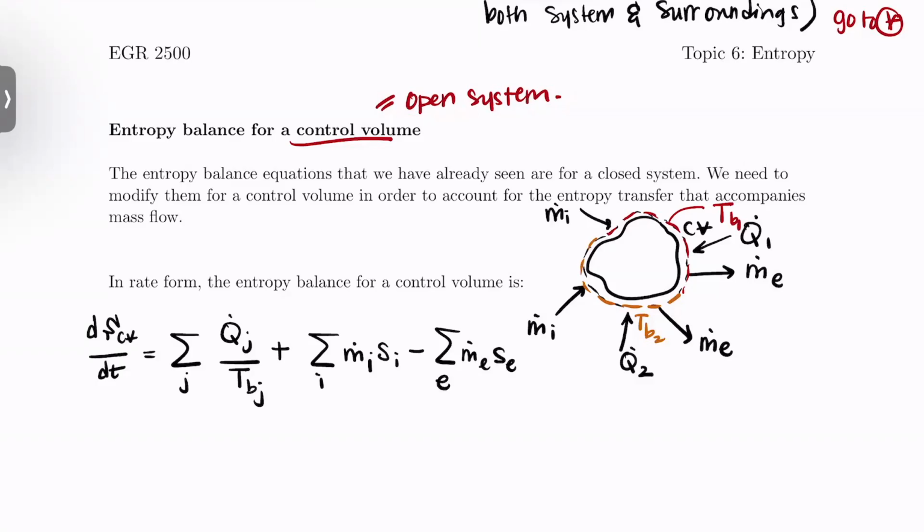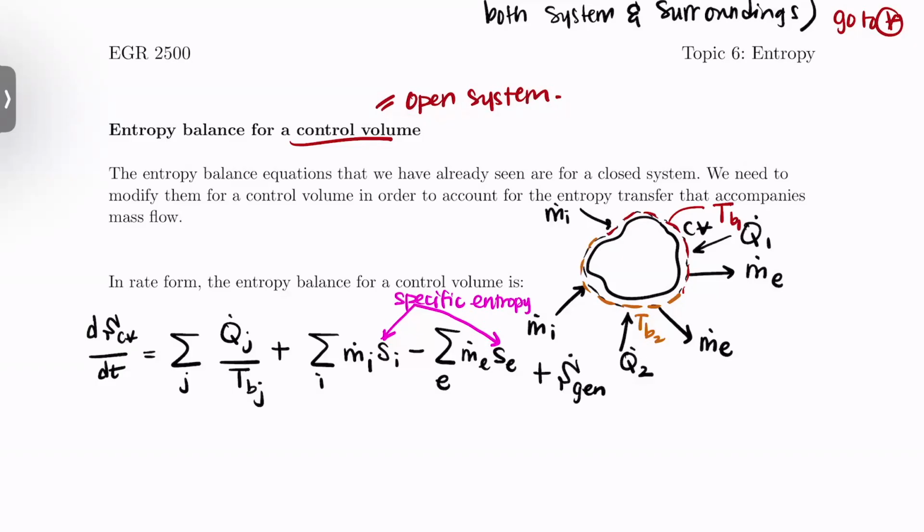Just remember lowercase s means specific. This is specific entropy. Plus we have our S dot gen.